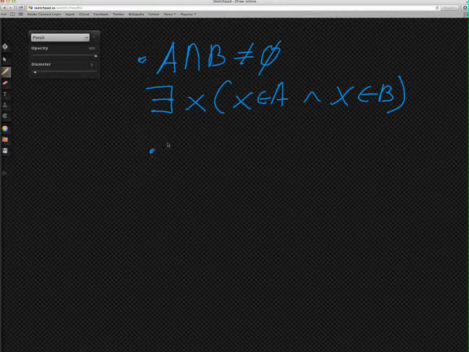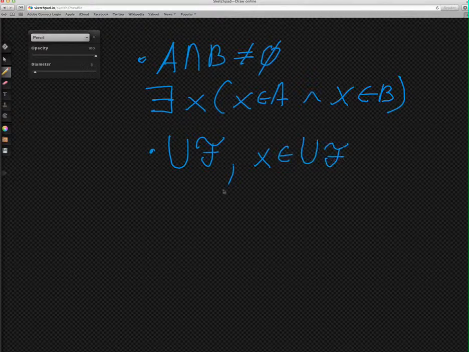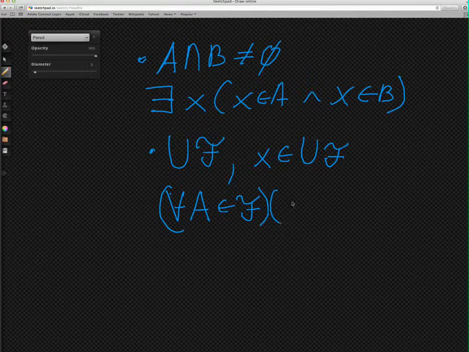Alright, the next thing is the union of a family of sets. So if X is an element of the union of a family, then that means that for all of the sets in the family of sets, X is an element of that set. Oh wait, this is wrong.